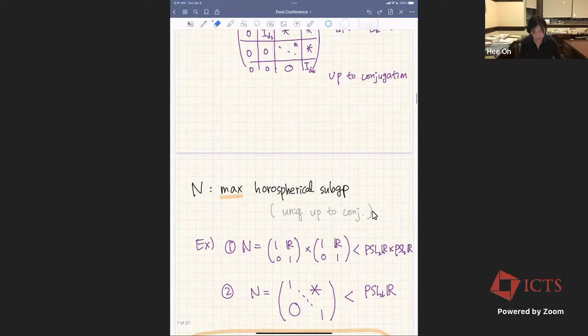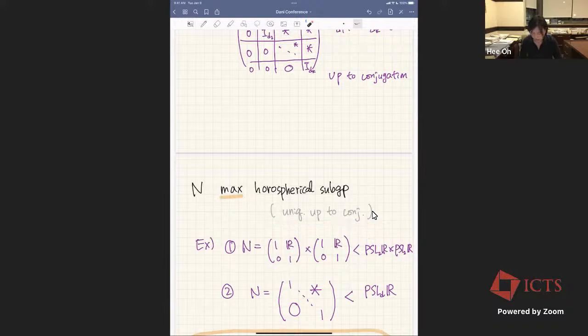Now from now on, I'm going to denote by N a maximal horospherical subgroup of G. So N will always denote a maximal horospherical subgroup, and the maximal horospherical subgroup is unique up to conjugation.